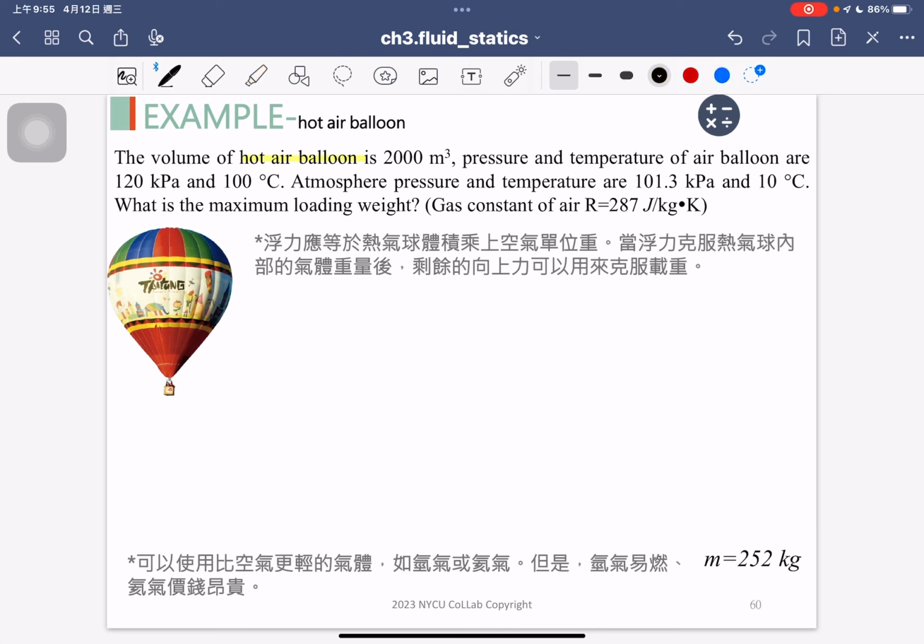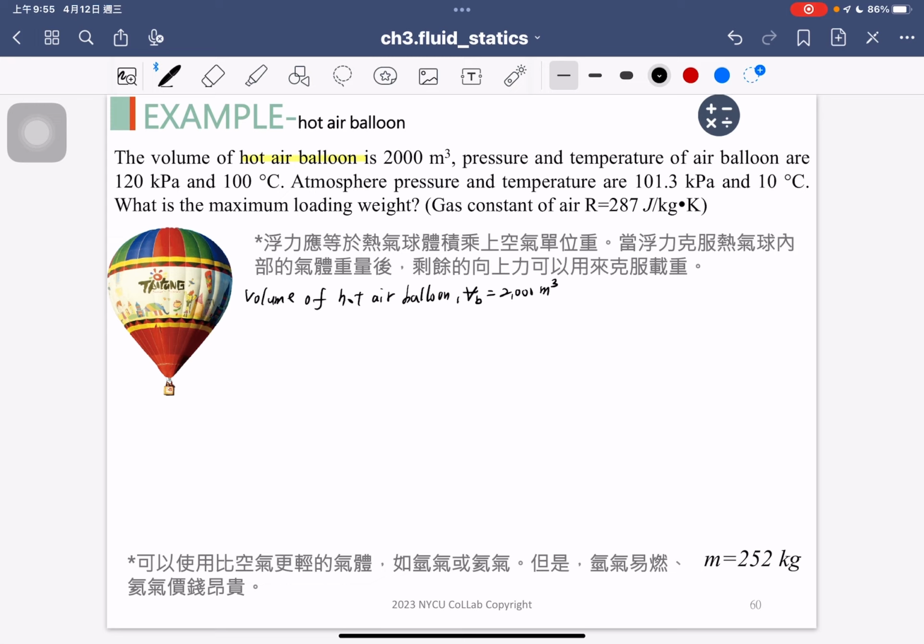So I may write down some conditions. We have the volume of the hot air, which is inside the balloon. I may use VB, which is equal to 2,000 cubic meters.